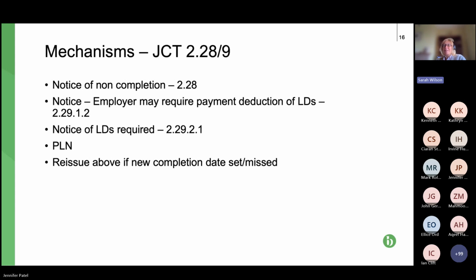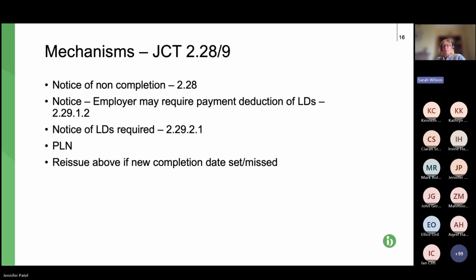There's very little apart from payment certificates really to do under a JCT in terms of submitting documents through the project. But if you want to deduct liquidated damages, first of all, you've got to have issued a notice of non-completion at 2.28 of the contract.